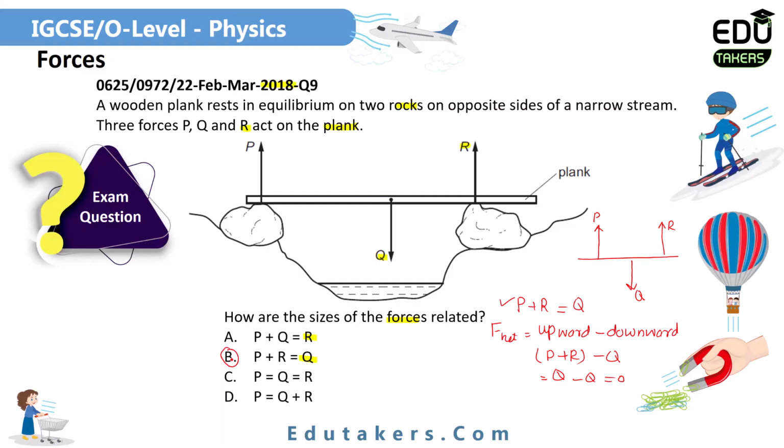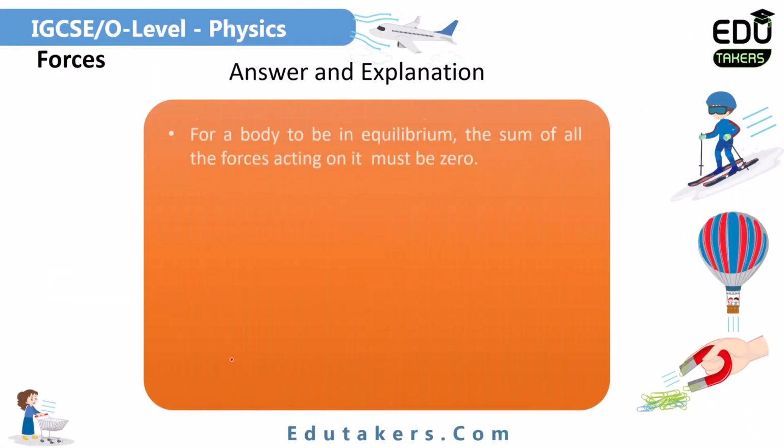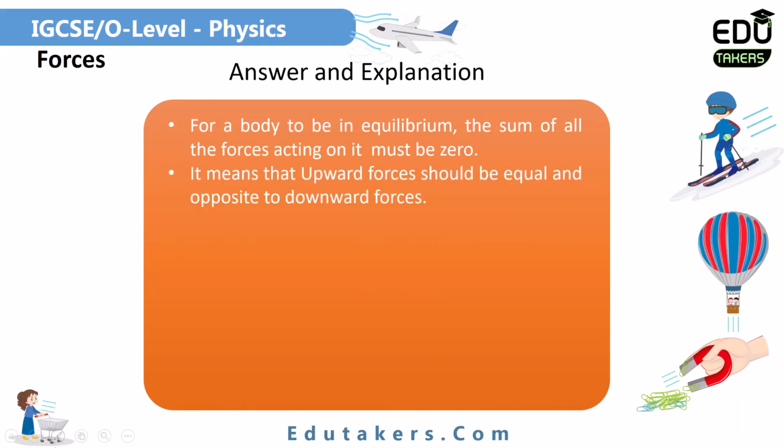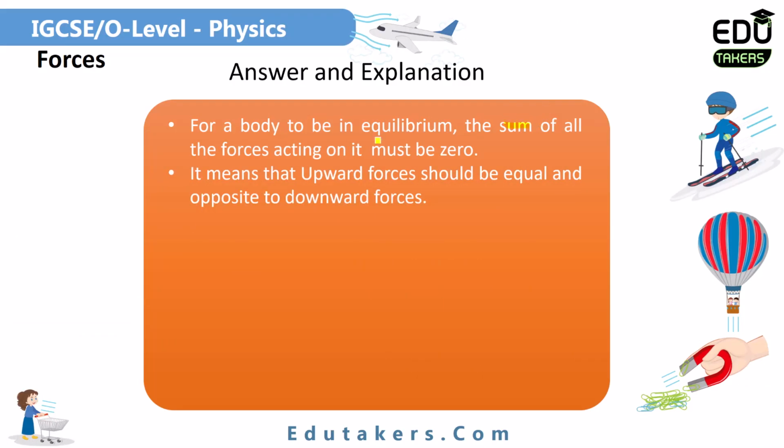Let's see the answer and explanation. For a body to be in equilibrium, the sum of all the forces acting on it must be 0. This is the condition of equilibrium. It means that the upward forces should be equal and opposite to the downward forces.